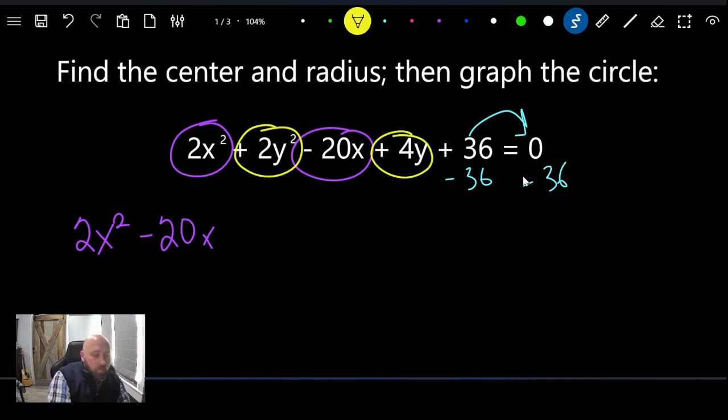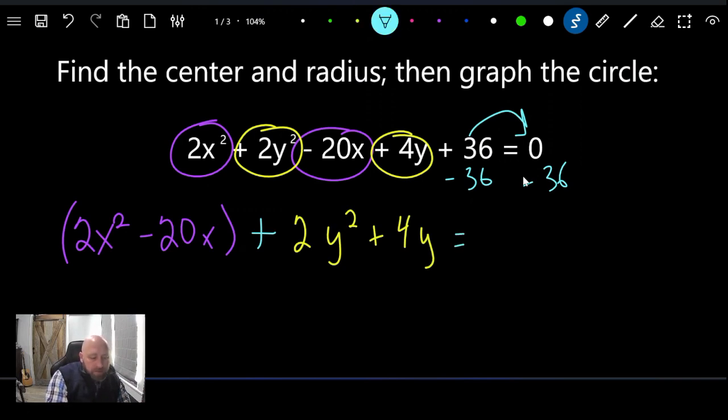And then I'm going to have my y piece, and I can put parentheses around this so that you can see this a little bit better. I'll put a plus sign in between, and then we'll go to the y section of the equation. It's going to be 2y squared plus 4y. And then I'll finish out the equation by saying equals negative 36. Took the 36 over to the other side. So there's my new equation.